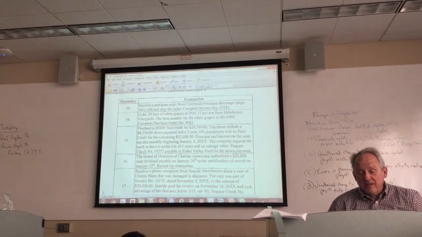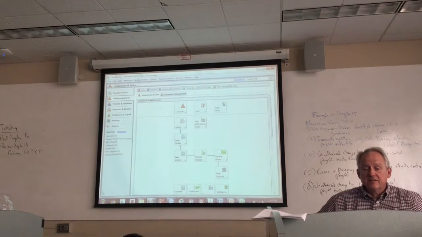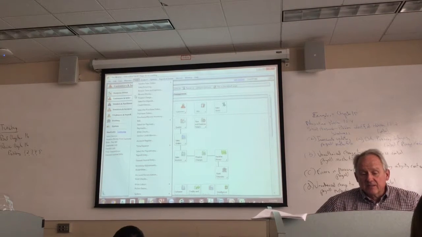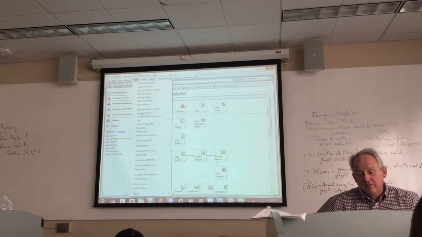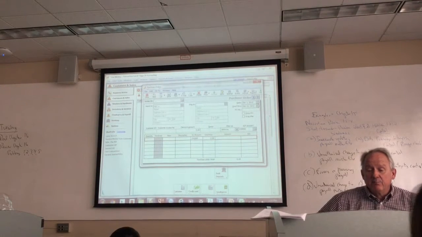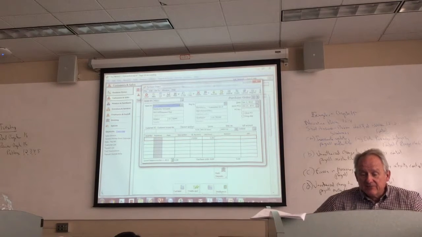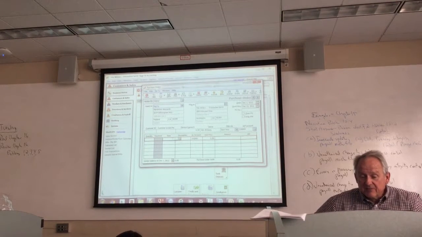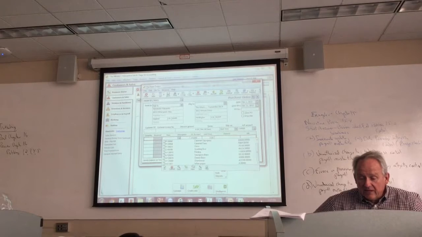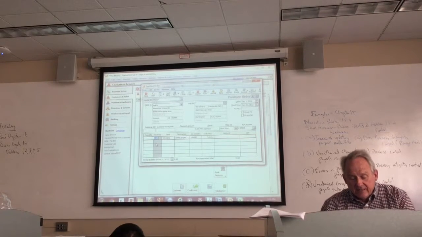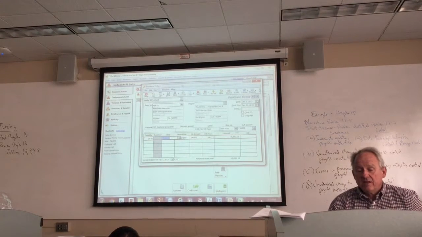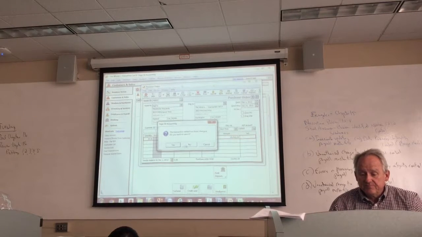You just go over here to tasks, and scan down for something that says purchase order. You click on it, a blank one comes up, and you indicate I want to buy this stuff from Mendocino. Specifically, the item I want to buy is white grapes, 29 tons of them. And that's all you have to do.